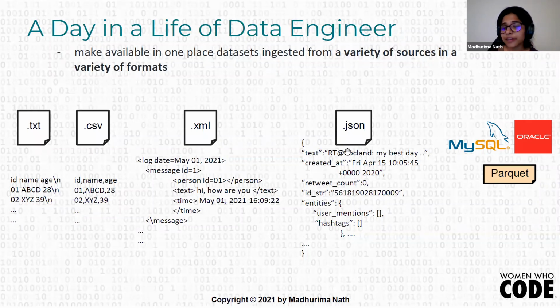And I get a JSON file from their Twitter account, let's say, as an example. So a JSON file for a tweet looks like this. And then I have my internal information stored in Oracle or MySQL. So this could be a variety of data formats that I need to align together as a data engineer and collect from all these different sources.